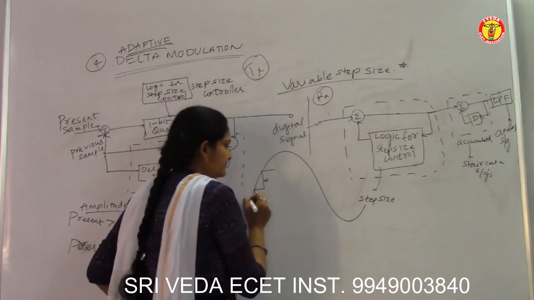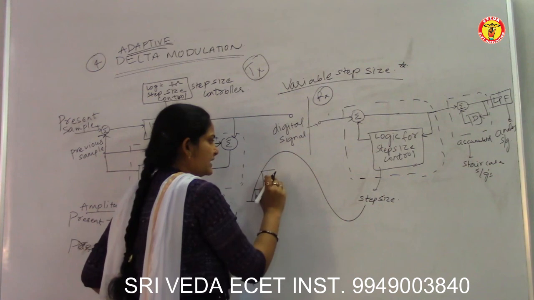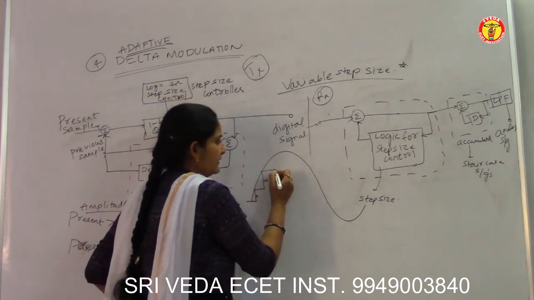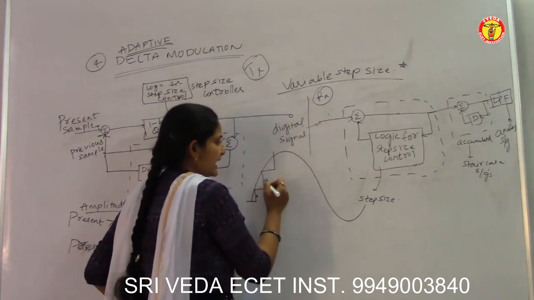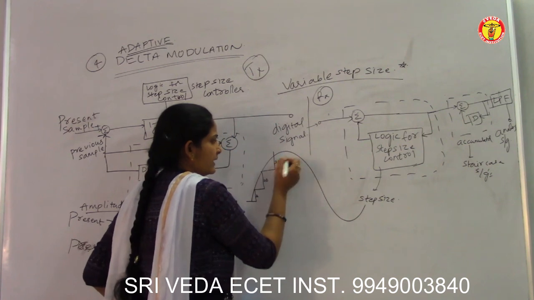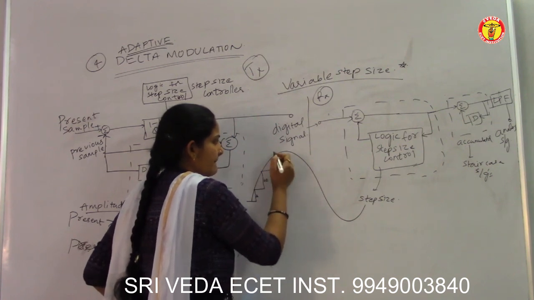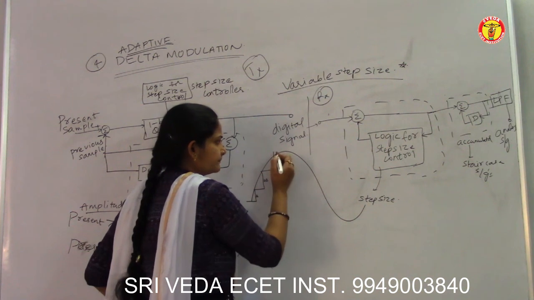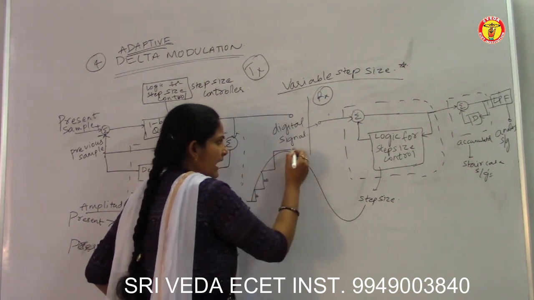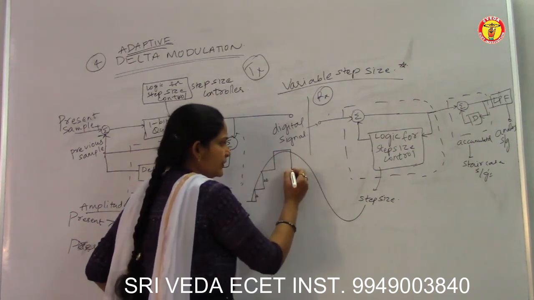This is 2 delta. Again, as the amplitude is increased further, it is increased again to 3 delta. It's doubled. Next, after this one, it is reduced.